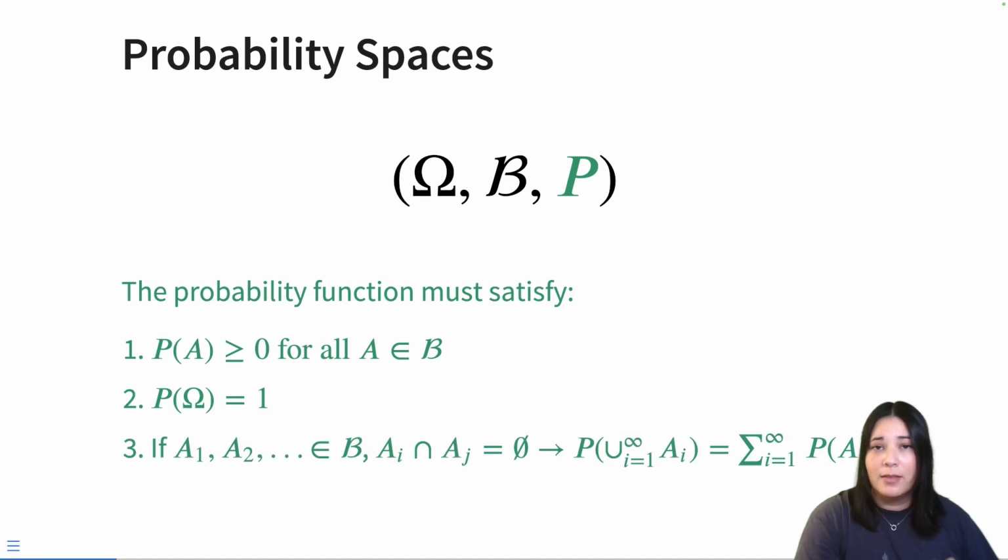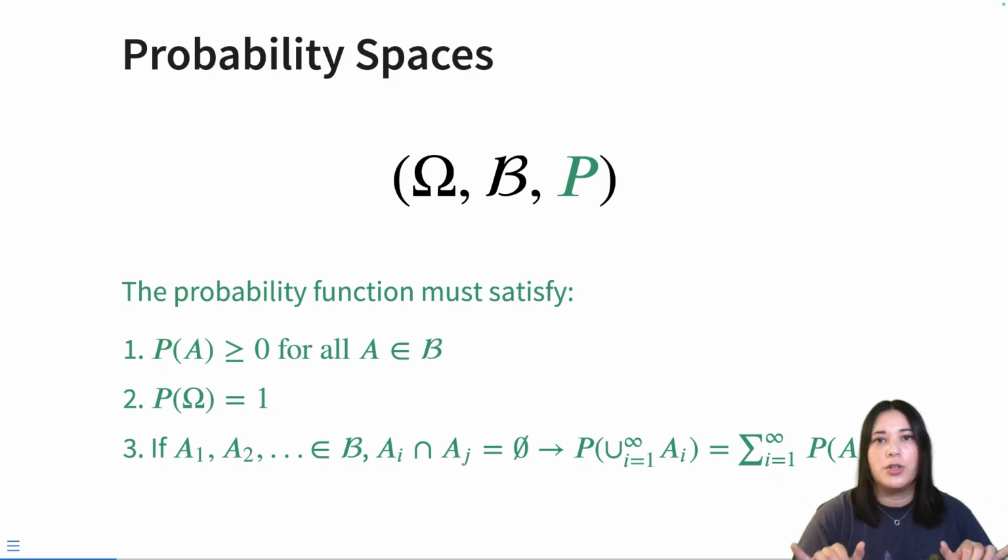Something has to happen. Lastly, we have the rule that if we have a bunch of different events, and they're all in our event space and they're disjoint, meaning they don't contain any of the same outcomes, then the probability of their union has to be the sum of all of the individual probabilities of those events. In other words, let's say we're rolling dice again and we are looking at all even rolls and all odd rolls. Well, those are disjoint sets.